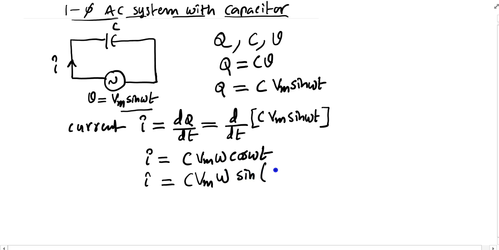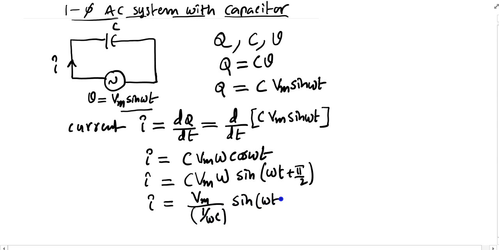I am converting cos omega t into a sine, that is sine of omega t plus pi by 2. I can further simplify this as Vmax by 1 by omega C, times sine of omega t plus pi by 2.